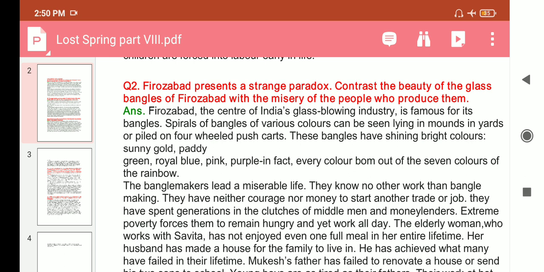Spirals of bangles of various colors can be seen lying in mounds, in yards, or piled on four-wheeled push carts. These bangles have shining bright colors: sunny gold, paddy green, royal blue, pink, purple. In fact, every color born out of the seven colors of the rainbow.